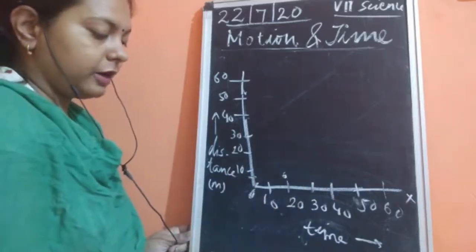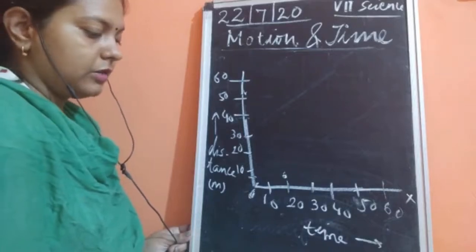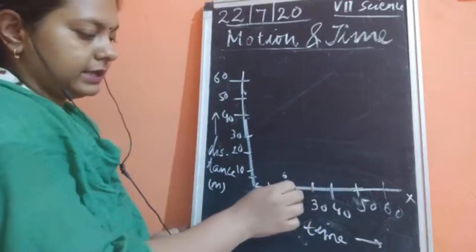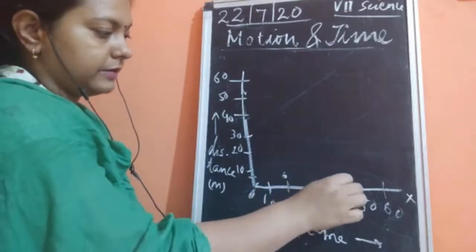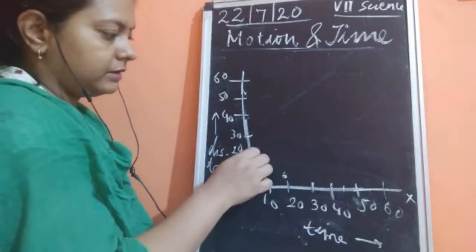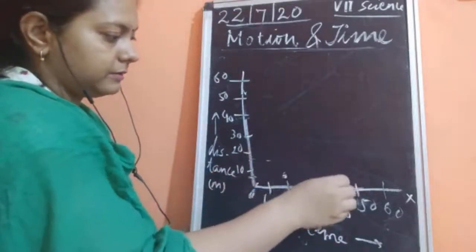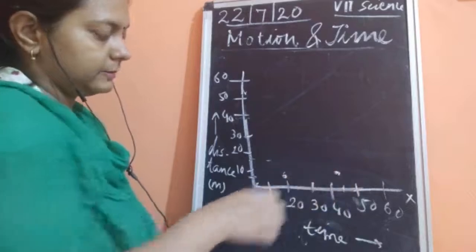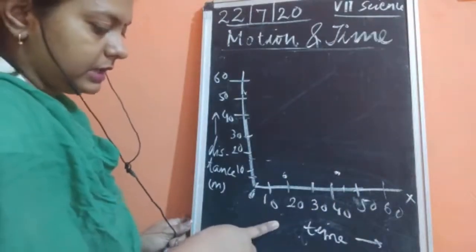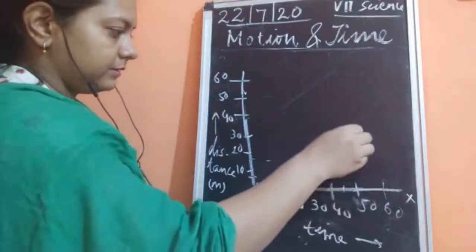Then in 45 seconds, the distance traveled is 15, here. Next is 50 seconds and the distance traveled is 30.